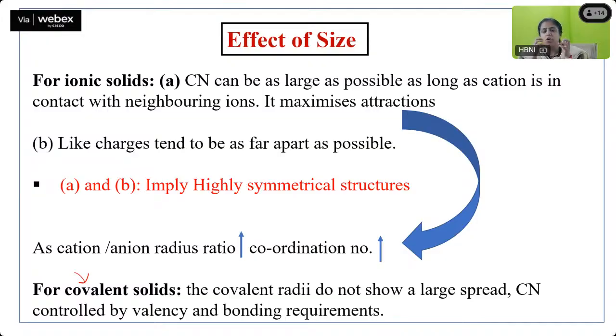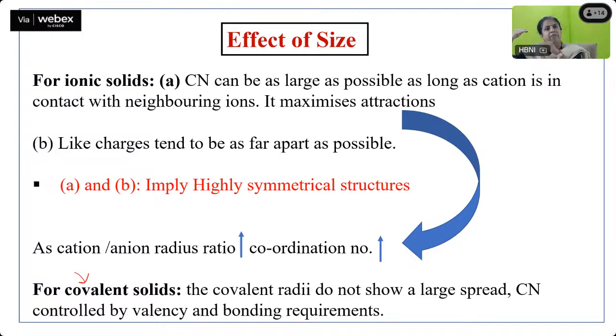But the thing is, if you realize your atoms have got a nucleus and an electronic cloud, if you try to just keep on dumping one after the other, at some point the repulsion between the electron clouds will happen. So they will tend to be far apart. So the fact that more ions will maximize attraction will keep on increasing.